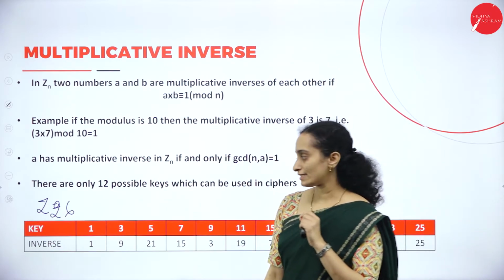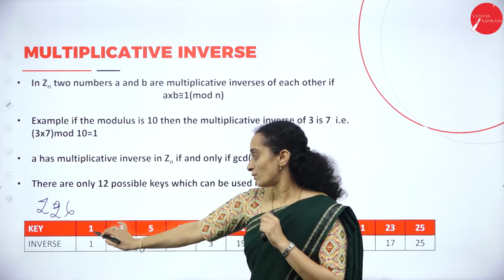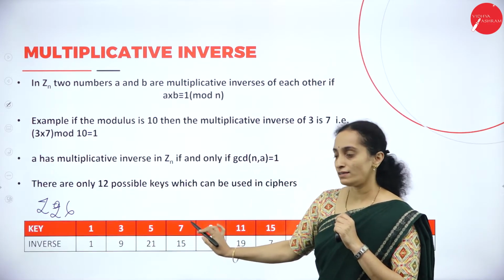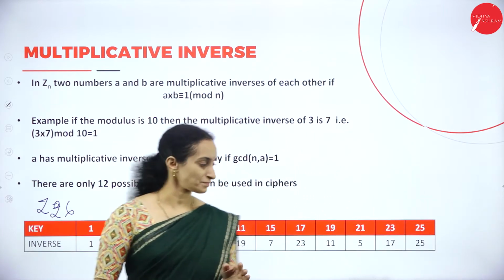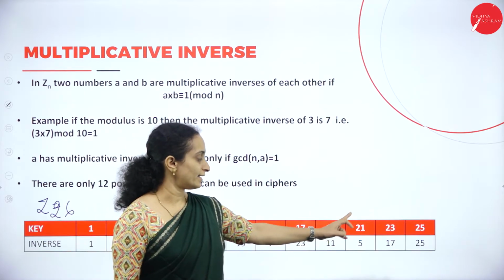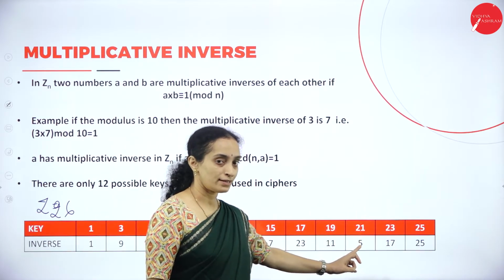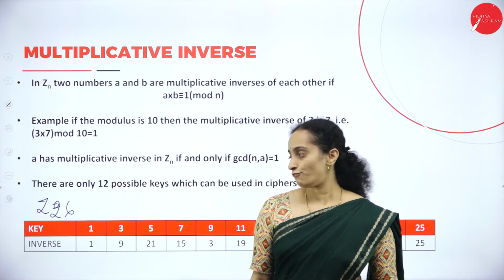Modulus is 26. Keys that can be used to generate an inverse: 1, 3, 5, 7, 9, 11, 15, 17, 19, 21, 23 and 25.